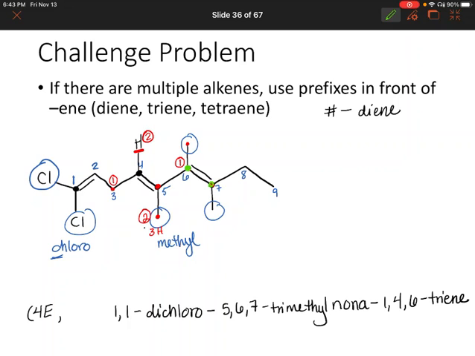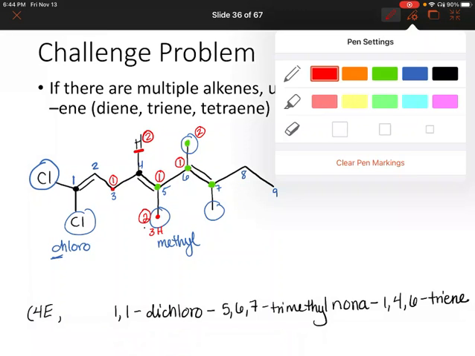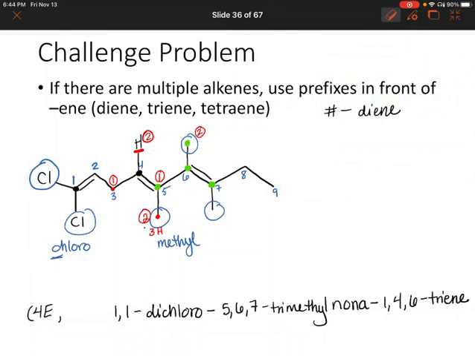We're looking at 6 and 7. Carbon 6 is bonded to a methyl group and then a carbon group off to the left. So the methyl group would have lower priority, right? Compared to carbon 5, which is bonded to more carbons. Oops, and let me erase that one there. These are getting confusing.